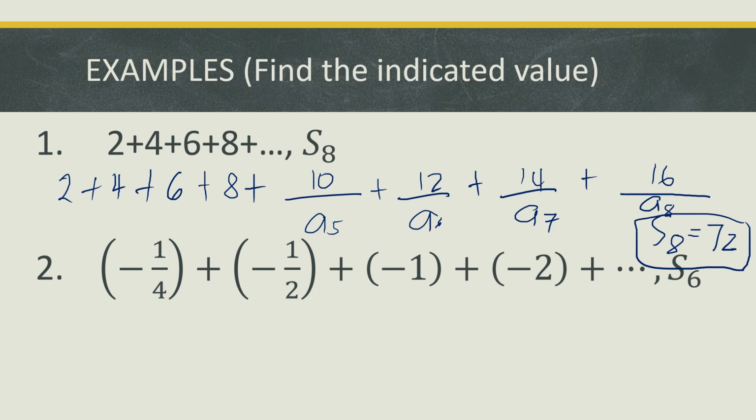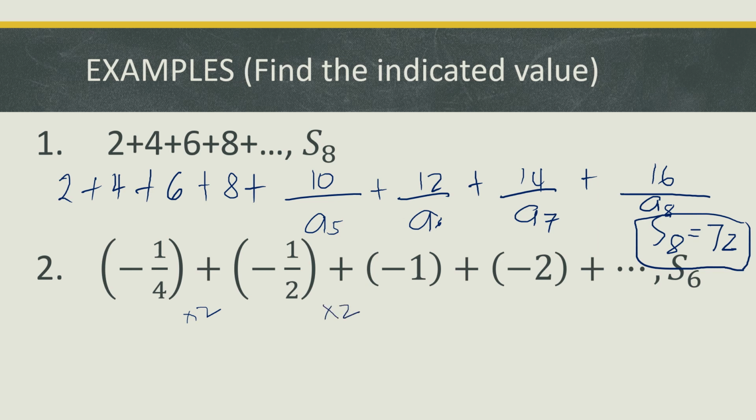Of course, we need to get its pattern. The pattern from negative 1/4 becomes negative 1/2. It is multiplying by 2, right? So if we multiply negative 1/4 by 2, we will get negative 1/2. And if we multiply negative 1/2 by 2, we will get negative 1.